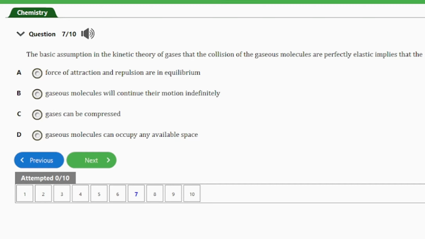So guys, the answer to this question is option B here. Gaseous molecules will continue their motion indefinitely. So this actually implies that there is no loss of energy after collision. So that's the basic assumption in the kinetic theory of gases, that collision of gaseous molecules are perfectly elastic.